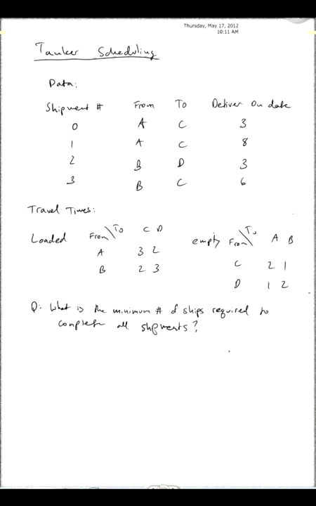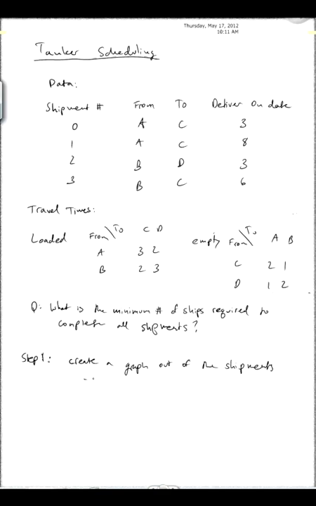So we're going to solve this problem in several steps. In the first step, what we're going to do is create a graph out of the shipments. So typically, so far, if I gave you a problem like this, you might think of creating a graph out of the ports. But this time we'll create a graph out of the shipments.